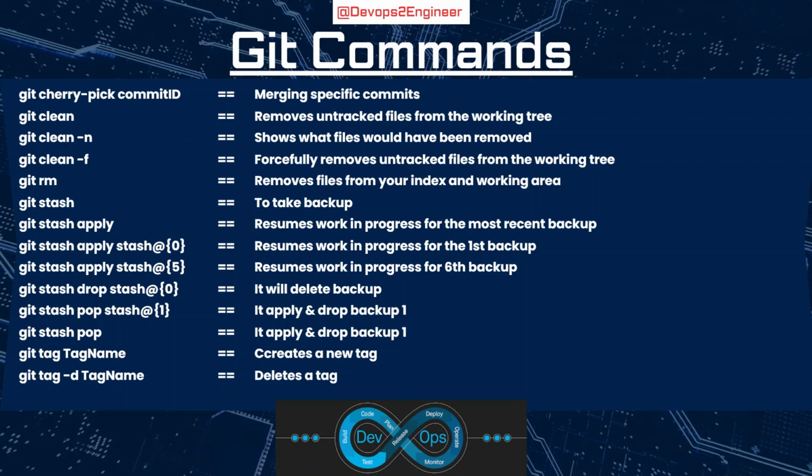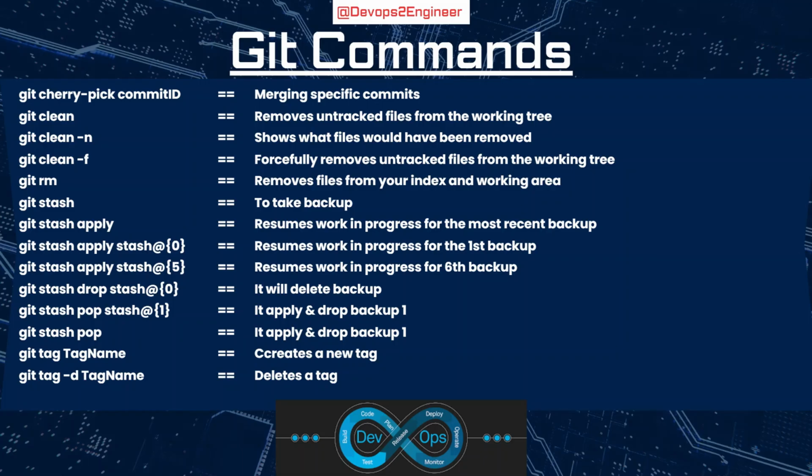Let's say I have work in the staging area, and I do a backup using git stash, which creates a backup of what I have. If I committed it, I can do git stash apply to work on the backup, and if I don't need it anymore, I can do git stash drop.